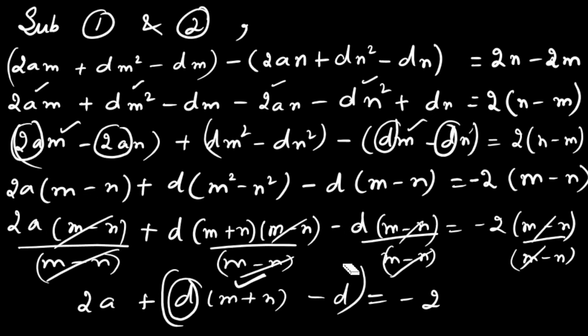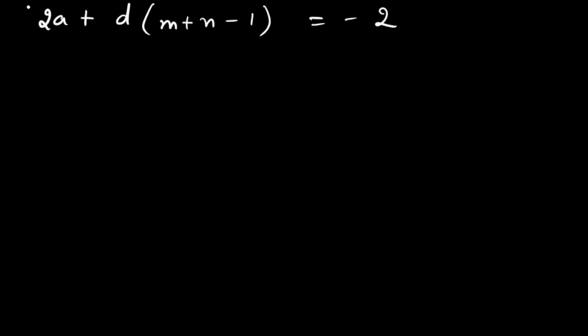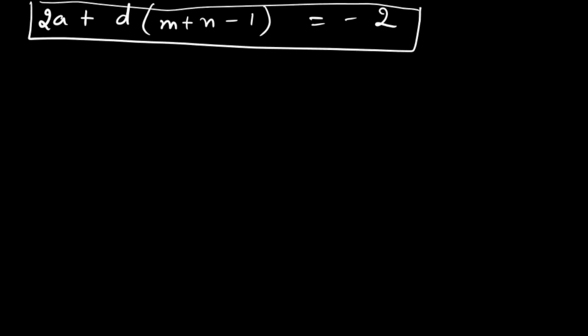So I have taken d common from this one. So I got this thing now, and I will just use it now. So this is the result I have gotten: 2a plus d into m plus n minus 1 is equal to minus 2.